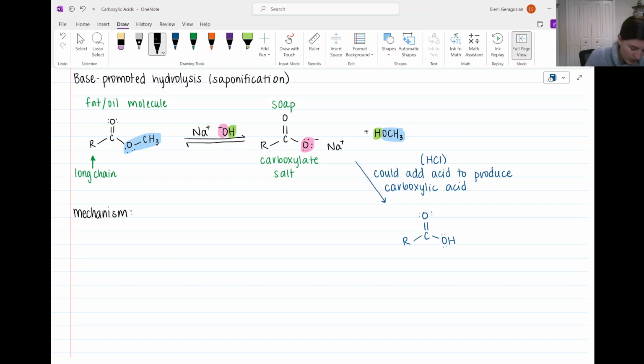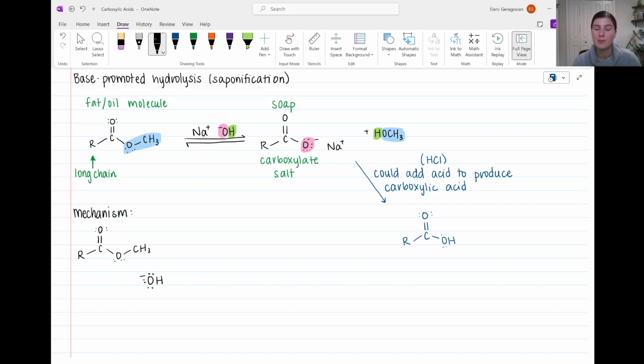Again, we're going to use an R just to represent that long carbon chain, and I'll show you an example of this after the mechanism. We'll still use that OCH3 group for the ester. When we're in the presence of a strong base like hydroxide, that negatively charged oxygen is a strong enough nucleophile to directly add to the carbonyl carbon.